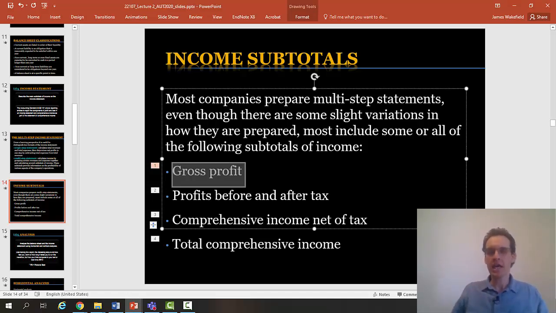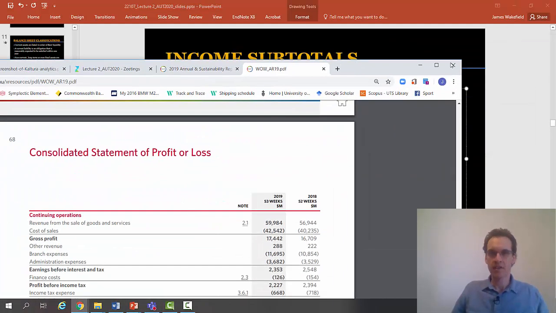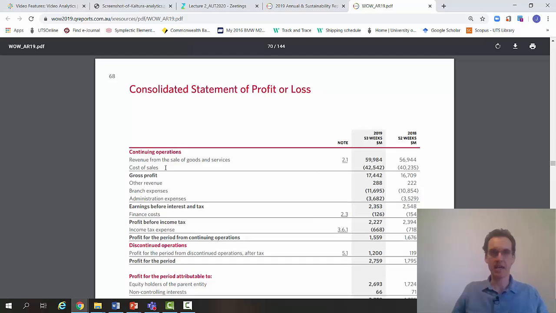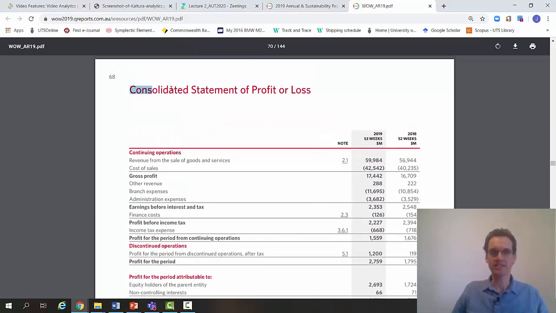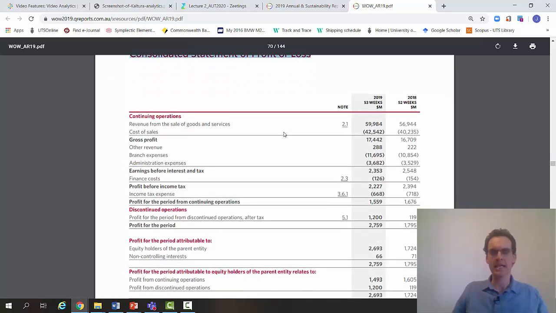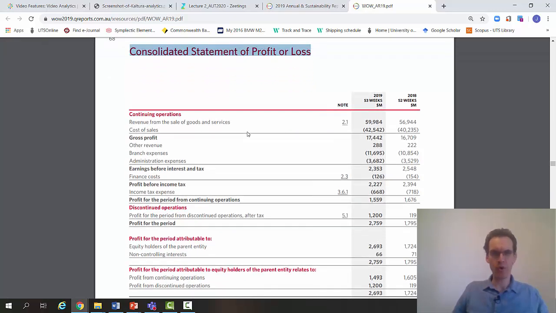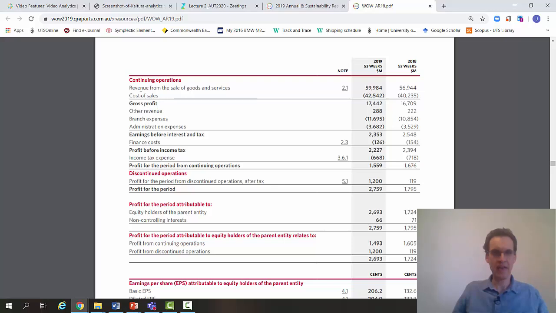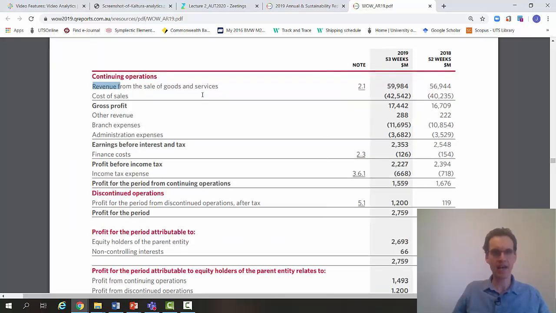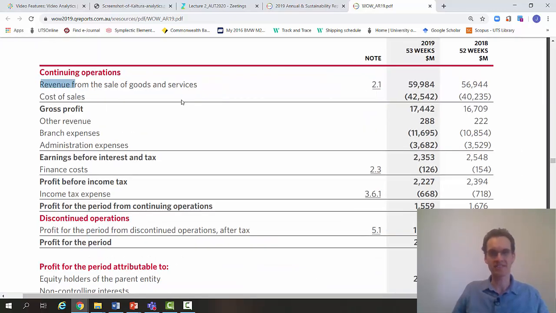But for now, if we have a look at Woolworths' income statement, they call it here a consolidated statement of profit and loss. This is in their 2019 financial report. You can see there that they have revenue from sale of goods and services, incidentally, and they deduct the cost of sales.